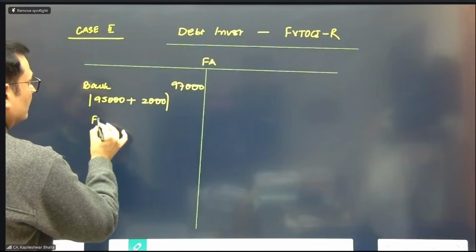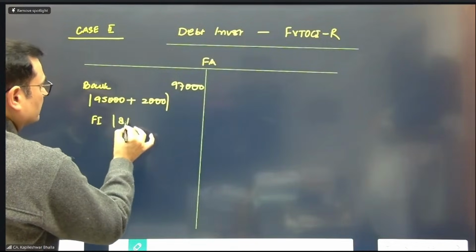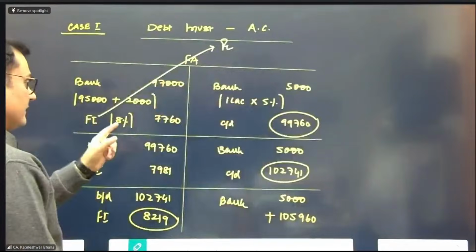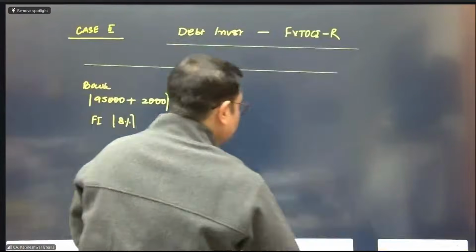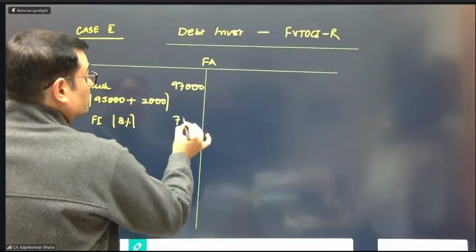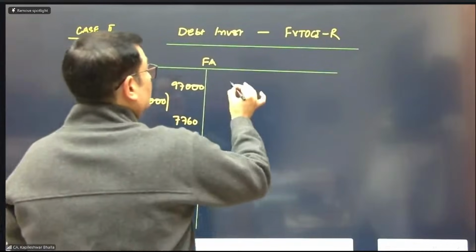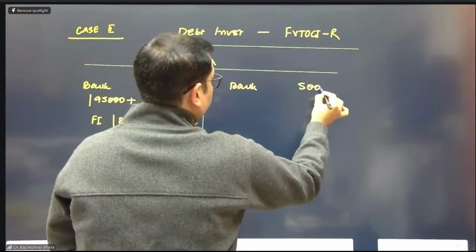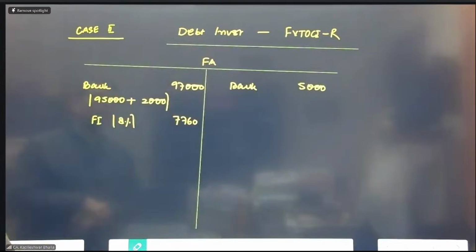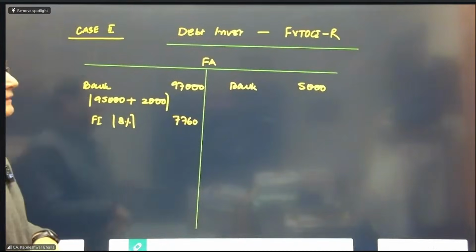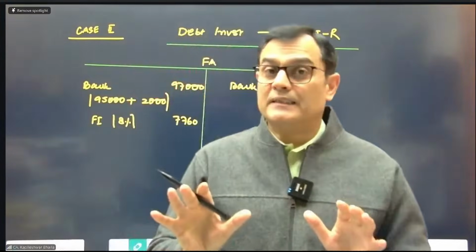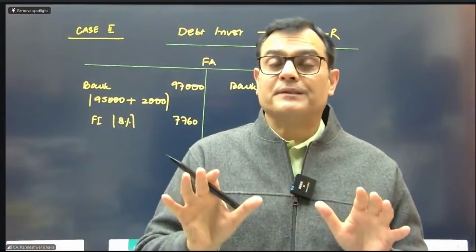The finance income will be taken at the rate of 8%, which you can take from the previous ledger. And that's 7760, so that remains the same, no change. You receive that 5% coupon rate, there is again no change. So you can see till now, in this particular ledger, there is no change at all. So what you did in terms of AC, we've done exactly the same thing.